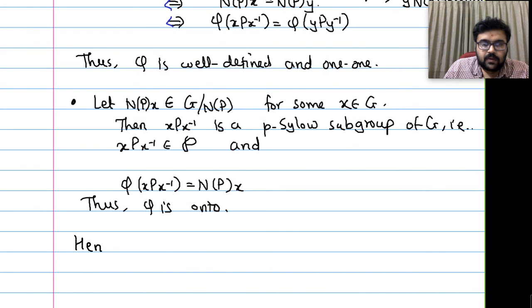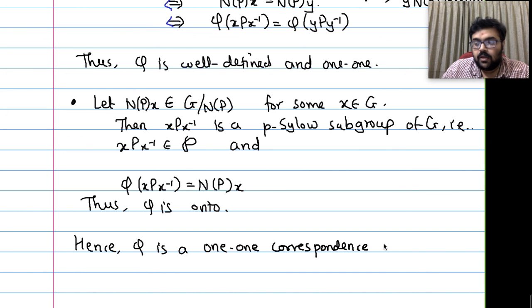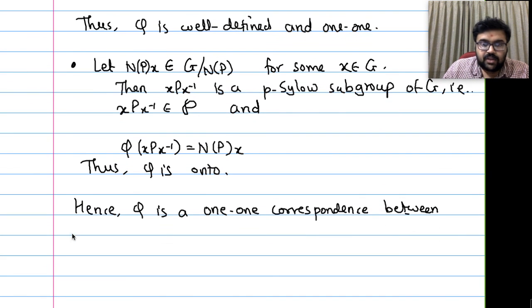So hence phi is a 1-1 correspondence between the collection of all p-Sylow subgroups of G and G quotient N(P), that is the set of all distinct right cosets or left cosets of N(P) in G. Because it is a 1-1 correspondence, they have the same number of elements.